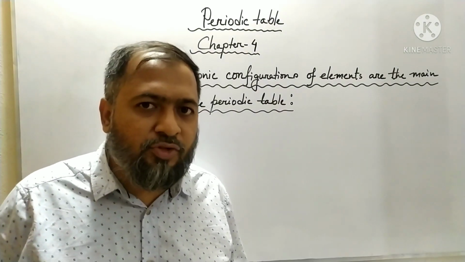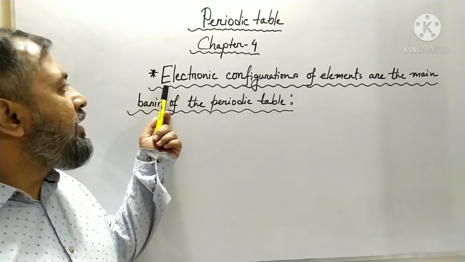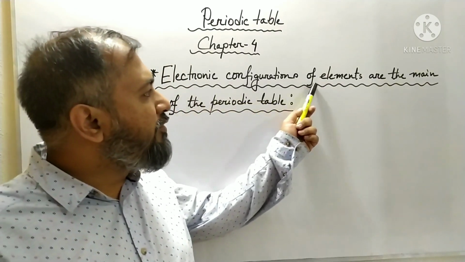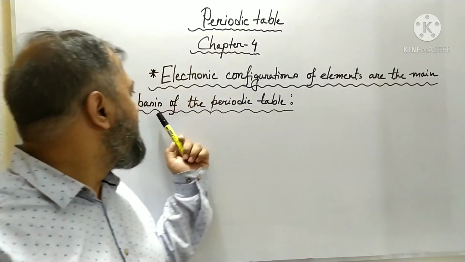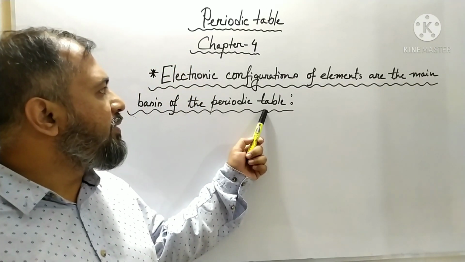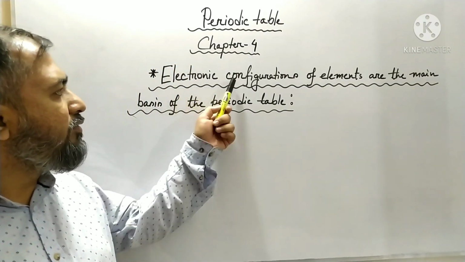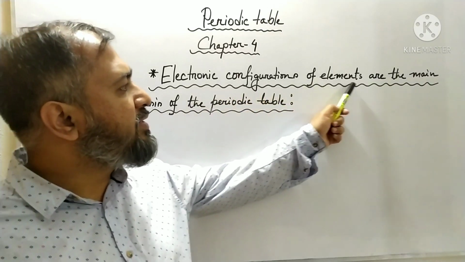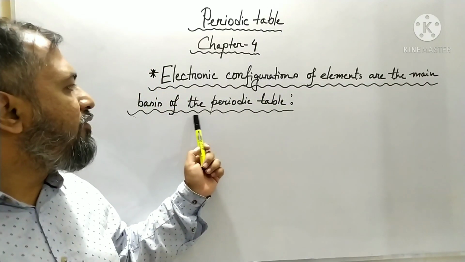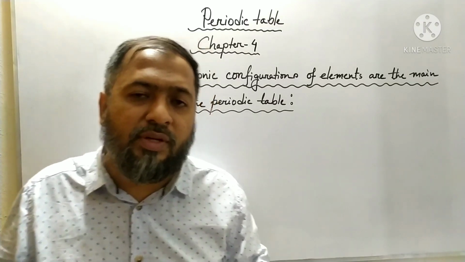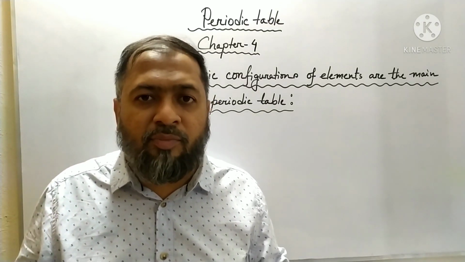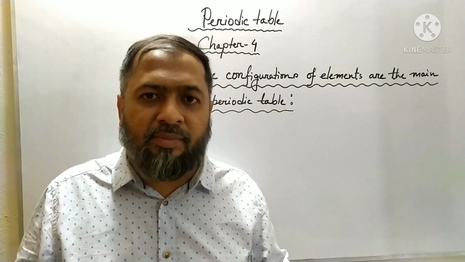Students, come to the next topic, and the topic is: electronic configurations of elements are the main basis of the periodic table. I repeat once again, electronic configurations of elements are the main basis of the periodic table. Now students, what was the objective of creating the periodic table?